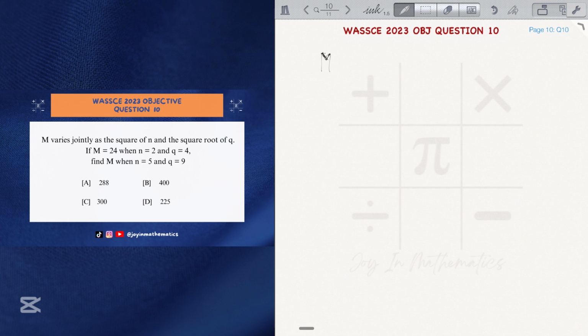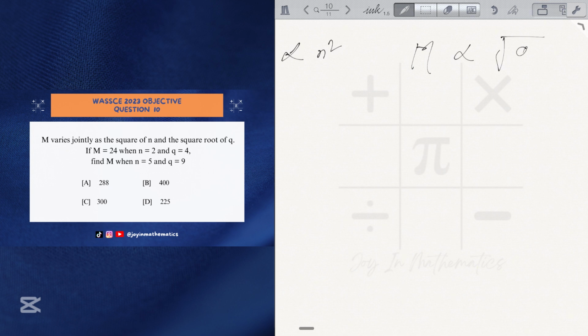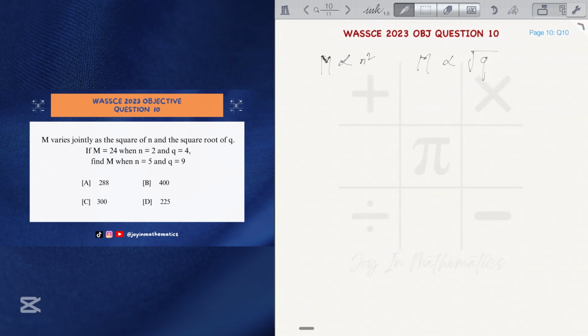If m varies jointly, that means m is proportional to the square of n and also m is proportional to the square root of q. This is the individual, but then it is now varied jointly.